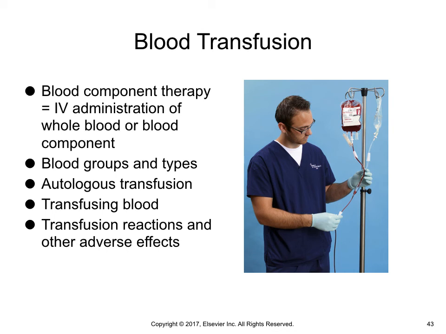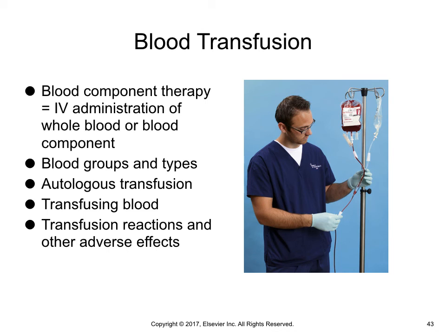Another category of adverse transfusion effects is diseases transmitted by blood from infected donors who are asymptomatic. Symptoms of these conditions may arise long after the transfusion. Diseases transmitted through transfusions include hepatitis B and hepatitis C, human immunodeficiency virus infection, acquired immunodeficiency syndrome, and cytomegalovirus infection.